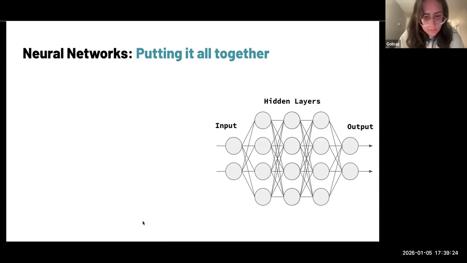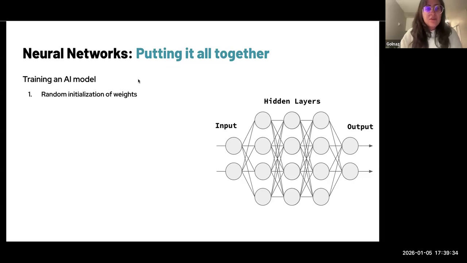As a summary of how a neural network works, you can think of the main part of a neural network as the weights of the neural network.